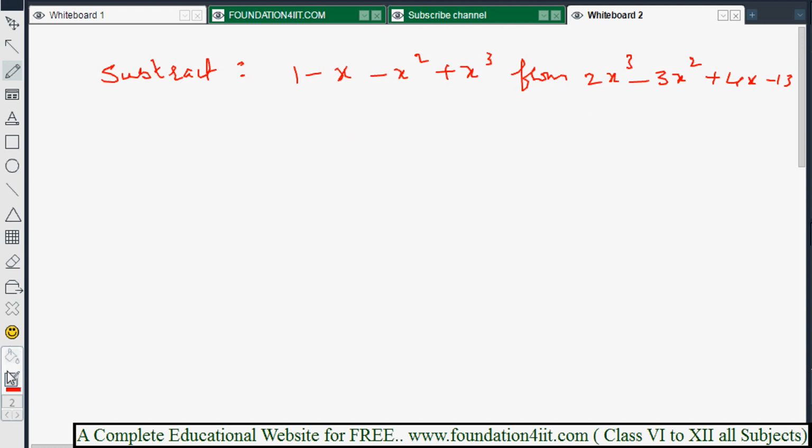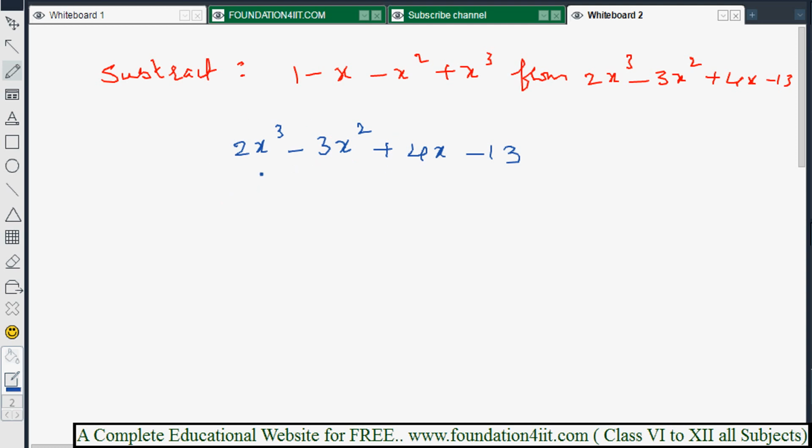From what you have to subtract, that should be written first. So the solution is 2x cube minus 3x square plus 4x minus 13, because from this you have to subtract, and what I have to subtract should be written below in order.